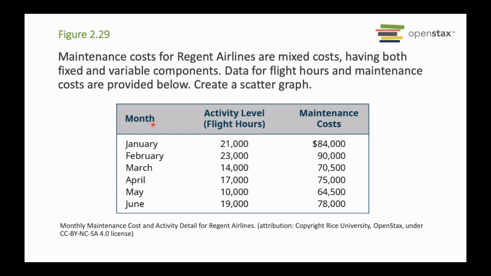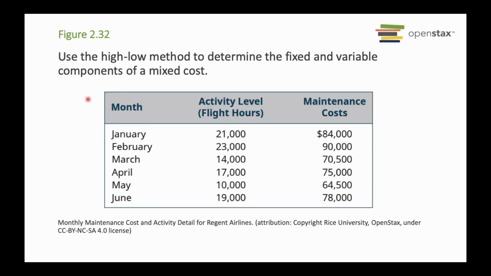And once we've calculated that fixed cost, the difference between the total cost and the fixed cost will be the total variable cost.